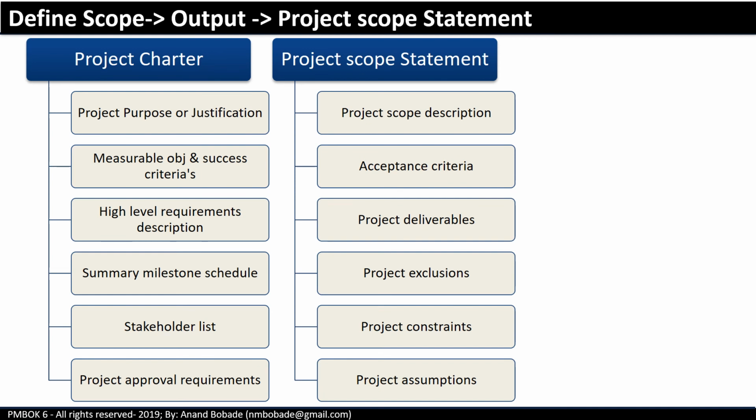Now, similar information will be elaborated inside a project scope statement in the form of project scope description. Again, in project charter, you might have objectives and success criteria. Now, this will be clearly decomposed and detailed inside acceptance criteria, which is a part of a project scope statement.